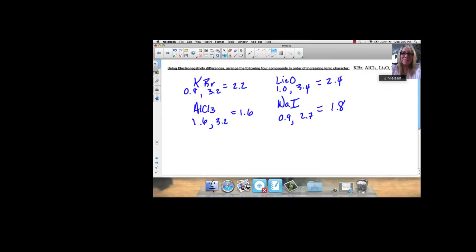So it says arrange them in order of increasing ionic character. So the smallest difference, AlCl3, is less than NaI, which is less than KBr, which is less than Li2O. So Li2O has the most ionic character as it has the greatest difference.